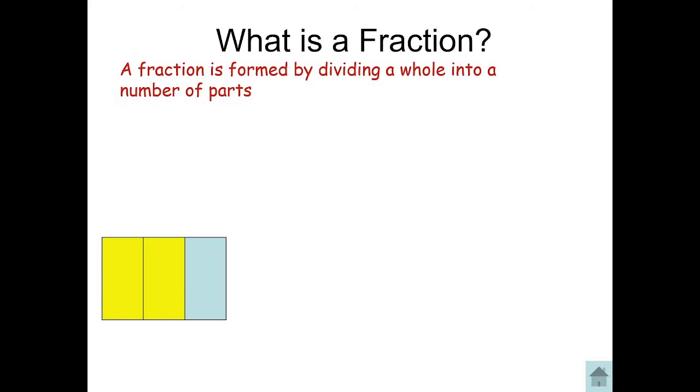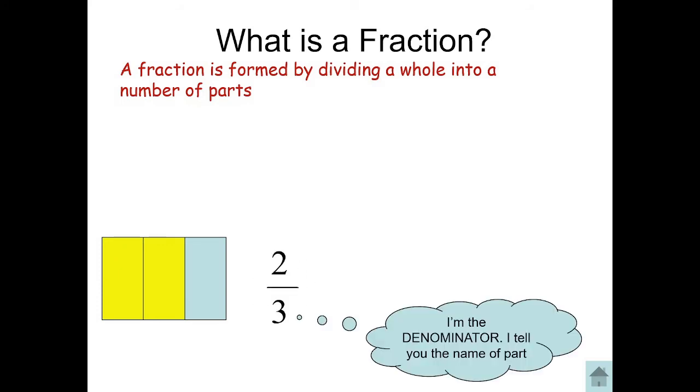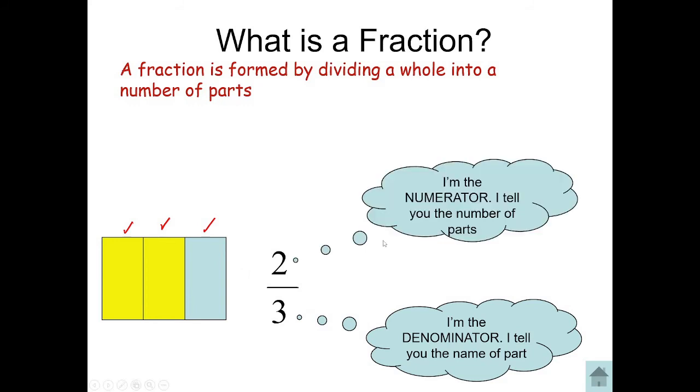There are all in all 3 parts, and I shaded 2 areas only. That's why I have 2/3. The number 3 is the 3 parts in all, the 3 divisions. The number 2 is the shaded part. That's how you get fractions from figures like this.